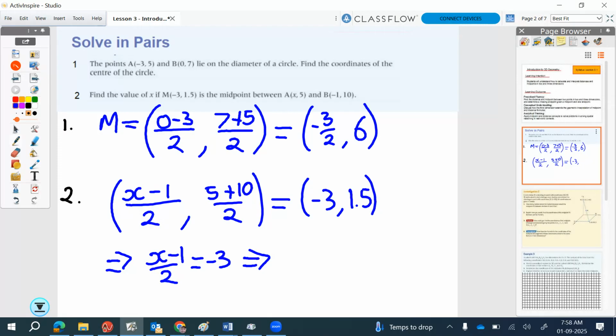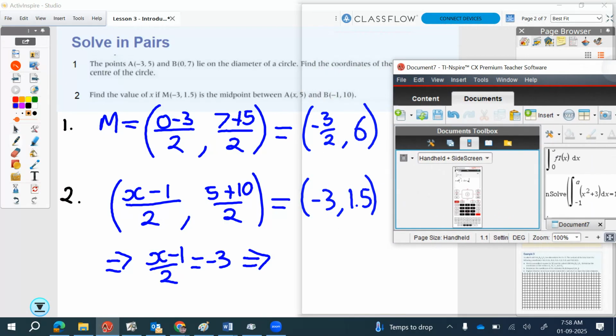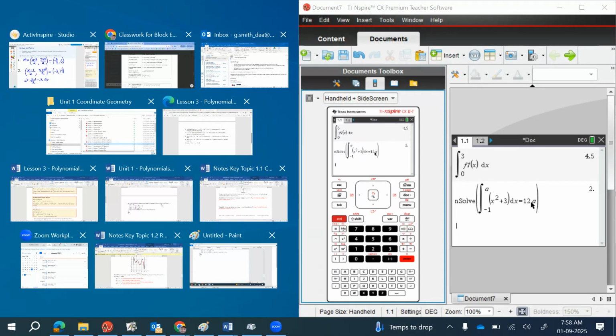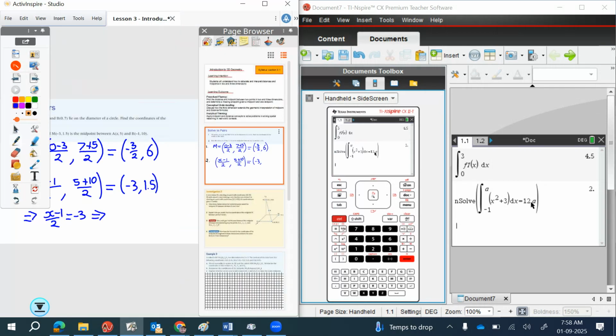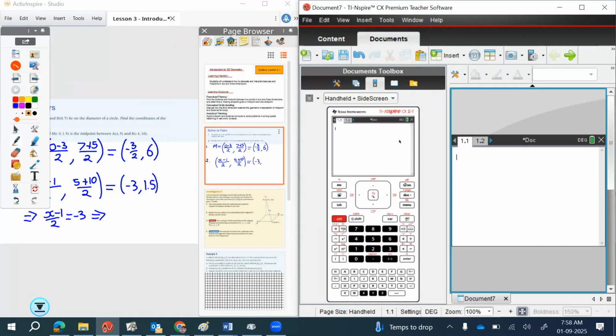We can solve that any way you like. It's a fairly simple one, but try nSolve on this one. So on my calculator, I'm going to start to clean it up. So that's my equation.